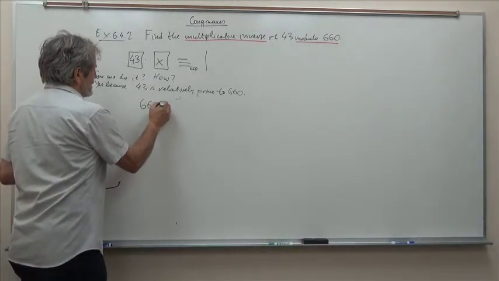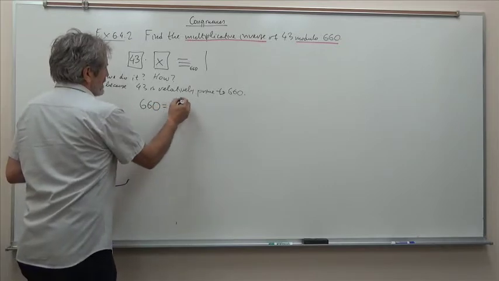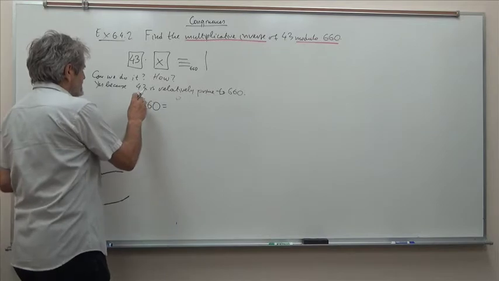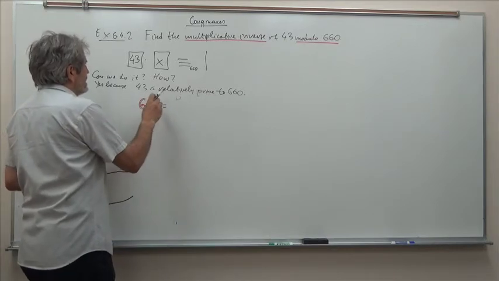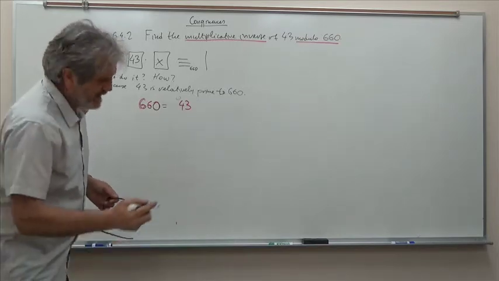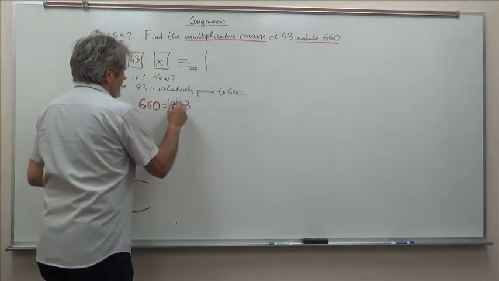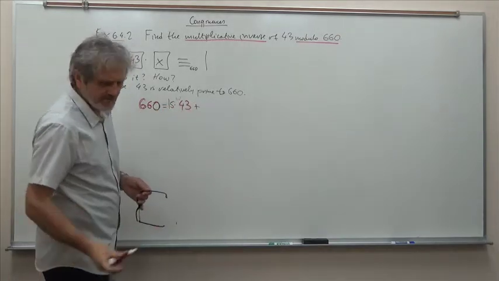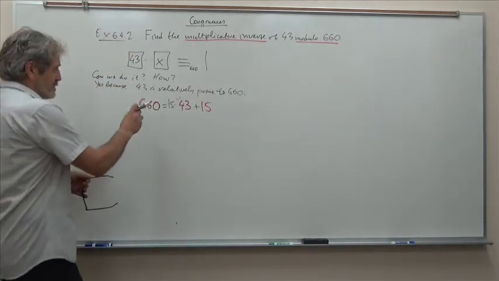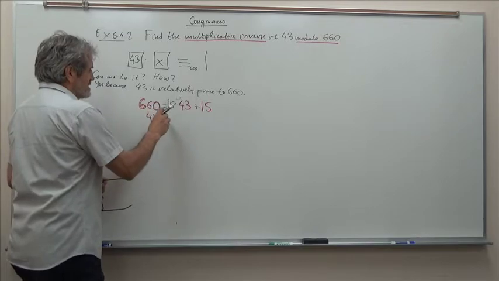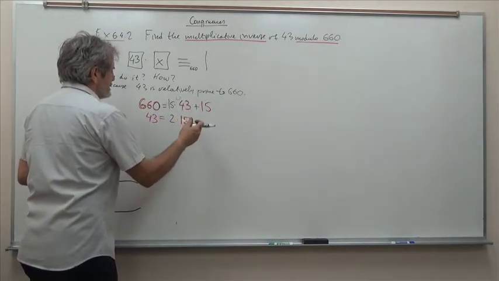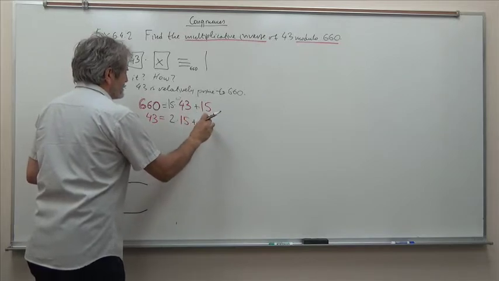660 equals 43, let me do that in red. 660 is like a vector. Equals, I divide 660 by 43, I get 15, and I get remainder 15. On the next line, you continue with red ones. 43 equals, that's easy to calculate now, 2 times 15 plus 13.